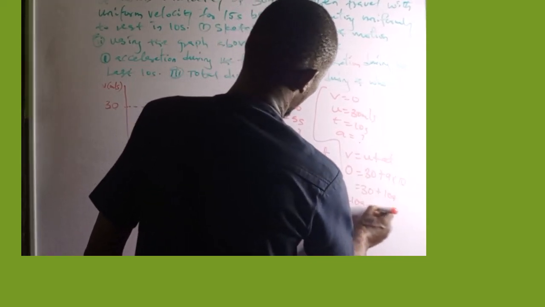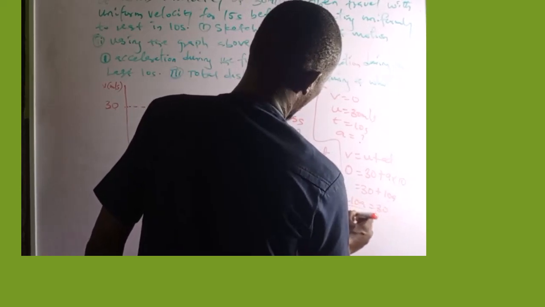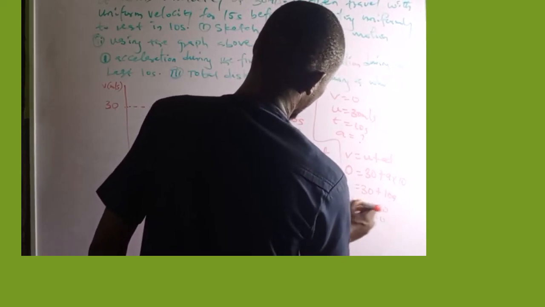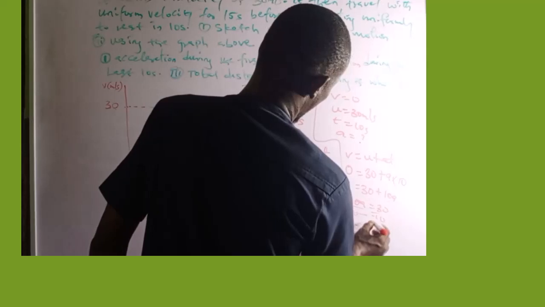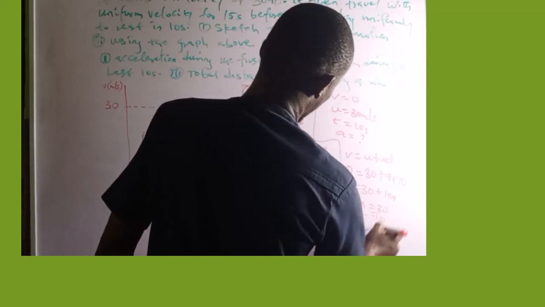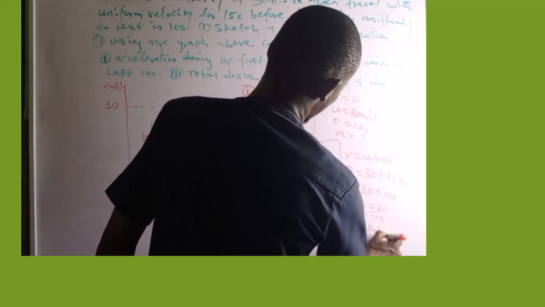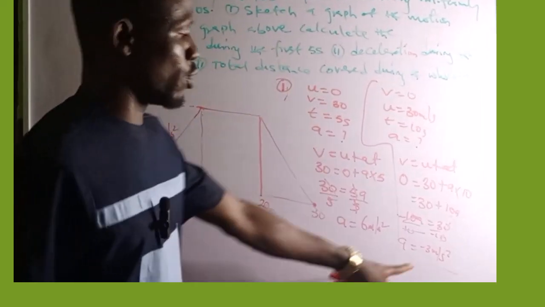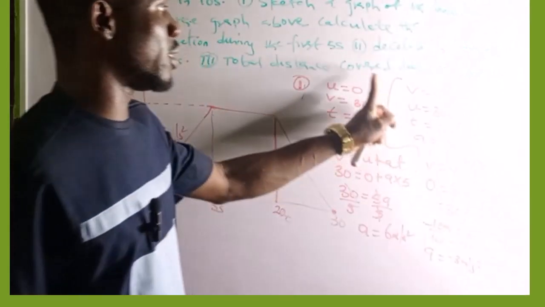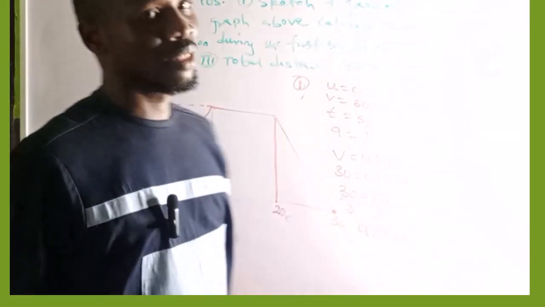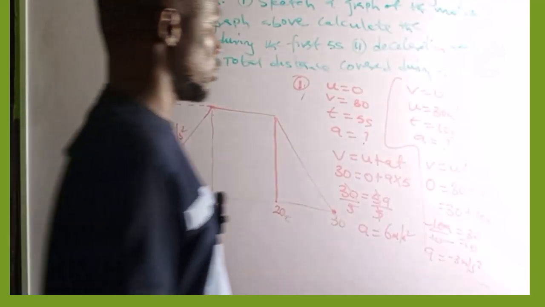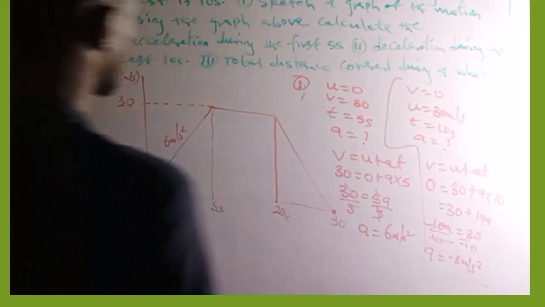Minus 10A equals 30. Divide by 10, divide by 10. A is equal to what? Minus 3 meters per second square. The minus indicates that the body is decelerating. It is a retardation, as I told you earlier.